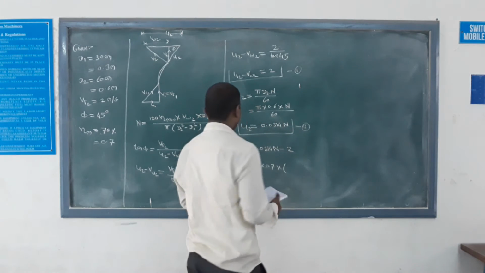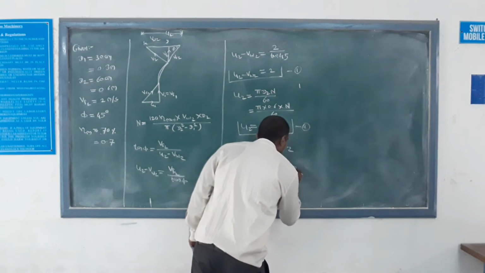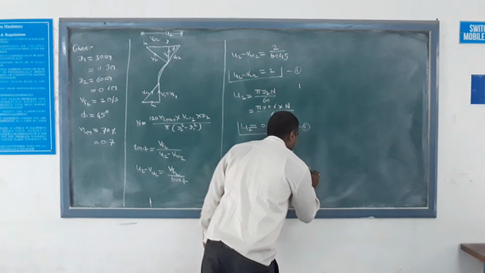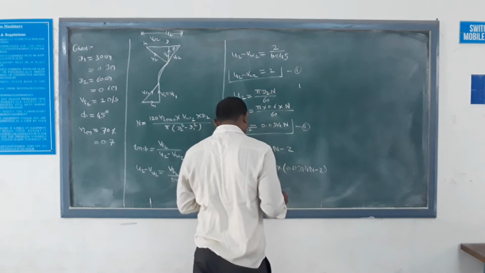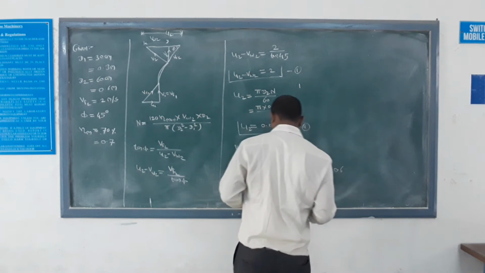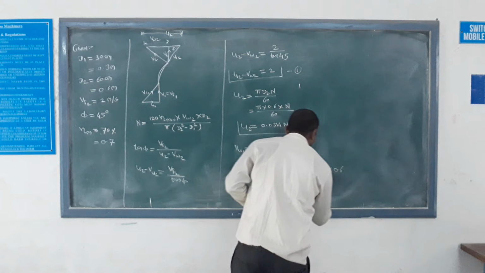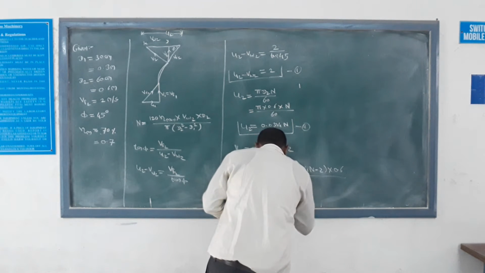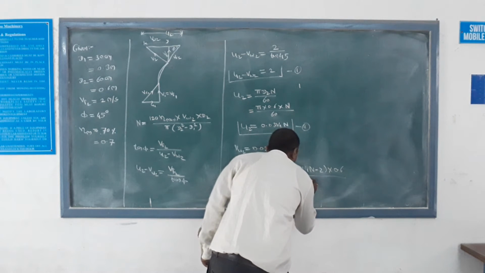Put this value Vw2 equal to 0.0314 N minus 2, into 0.6, upon pi into 0.6 square minus 0.3 square.